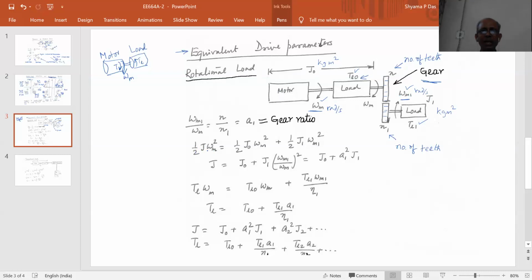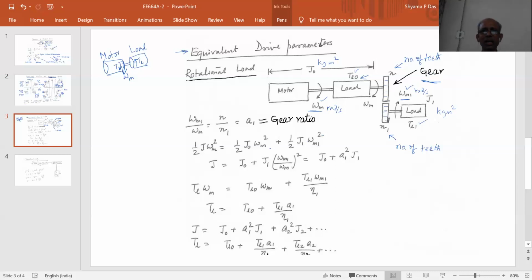This is equal to the kinetic energy of the zeroth load, half J naught omega m square, plus the kinetic energy of the first load, half J1 omega m1 square. We assume that the gear doesn't have any inertia. The gear is very thin, so we neglect its inertia.